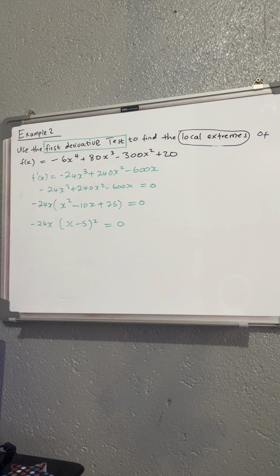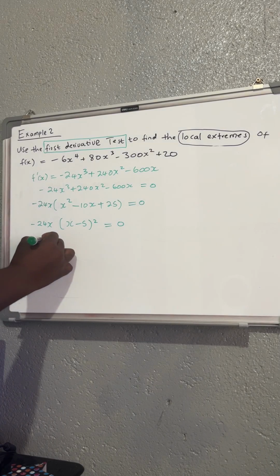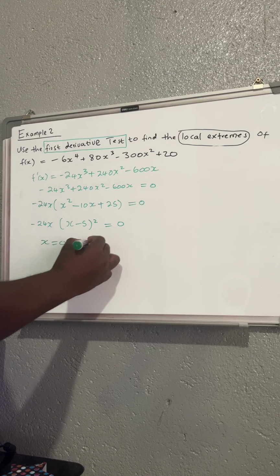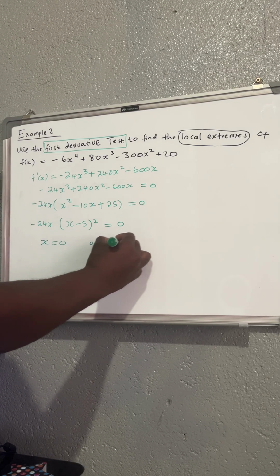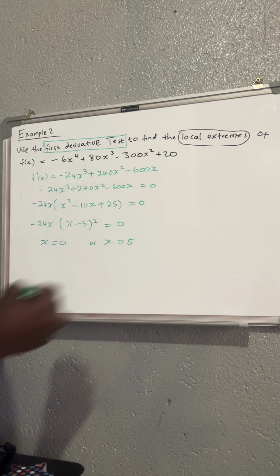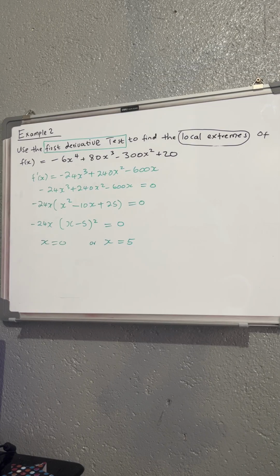Even if you were to factor this out using a different method, you would still get the same answer. By conclusion, you will say x would be 0 or x would be equal to 5. So now since we are done with that one, we're going to go to our number line.